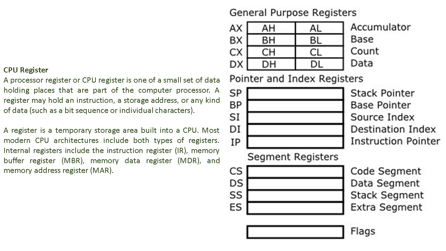Most modern CPU architectures include both types of registers. Internal registers include the instruction register IR, memory buffer register, that is MBR, memory data register, that is MDR, and memory address register, that is MAR.